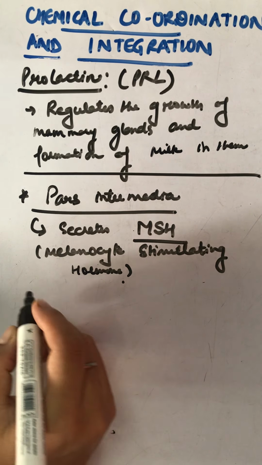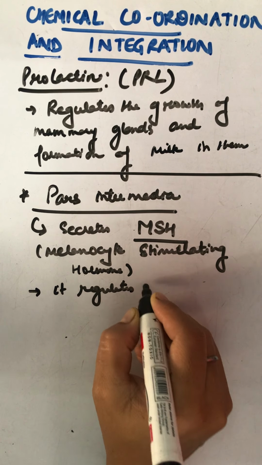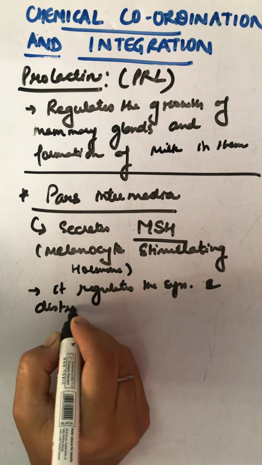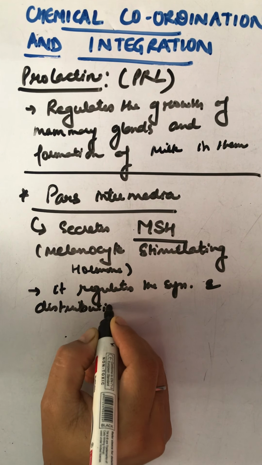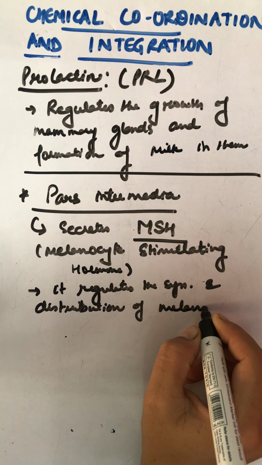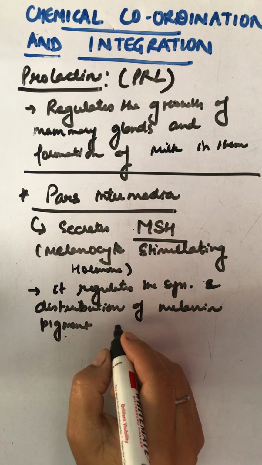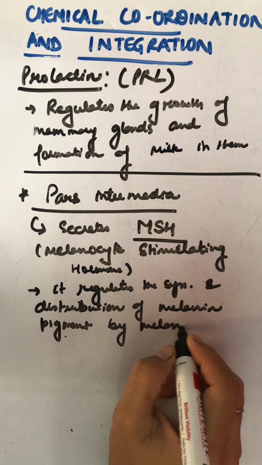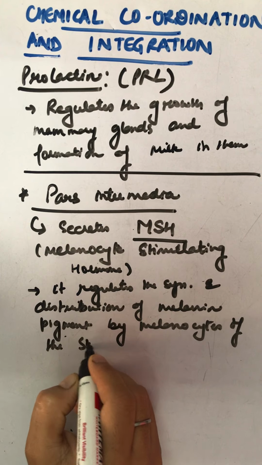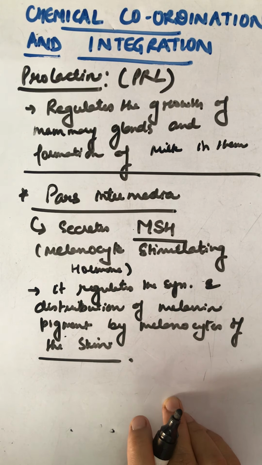This melanocyte stimulating hormone regulates the synthesis and distribution of melanin pigment by melanocytes of the skin, right?